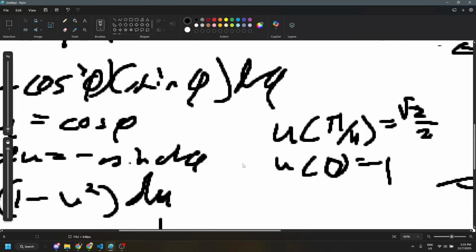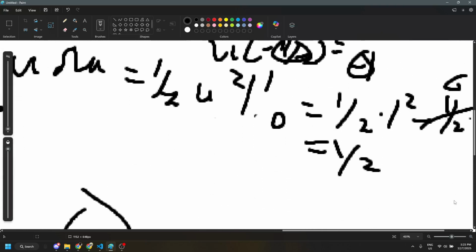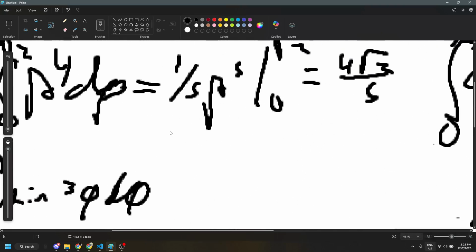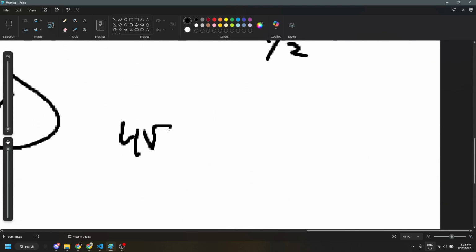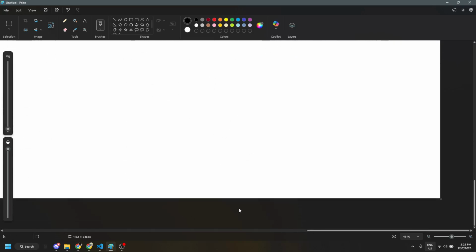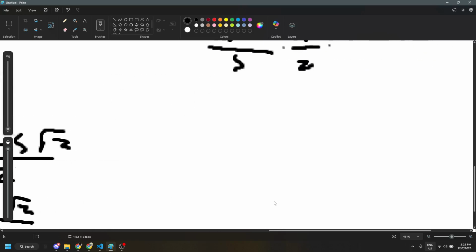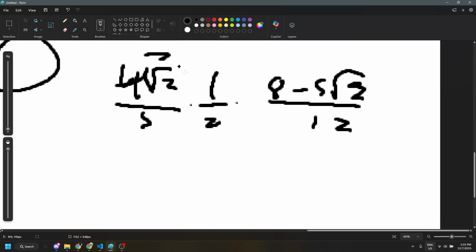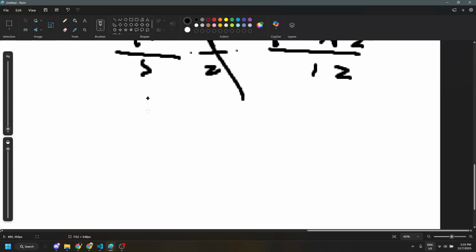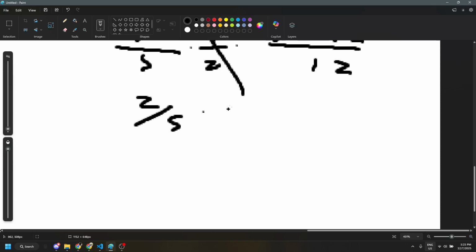Then we need to multiply this by what we already have. So we have the rho part, which is 4 root 2 over 5, times 1/2, times 8 minus 5 root 2 over 12. Okay, so first off, this goes to 2 and this cancels out. So then we have 2/5 times 8 minus 5 root 2 over 12.